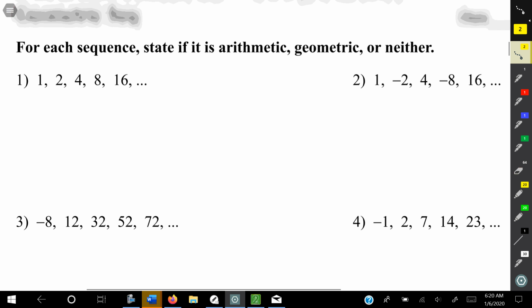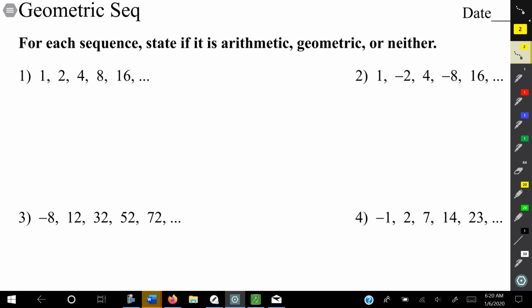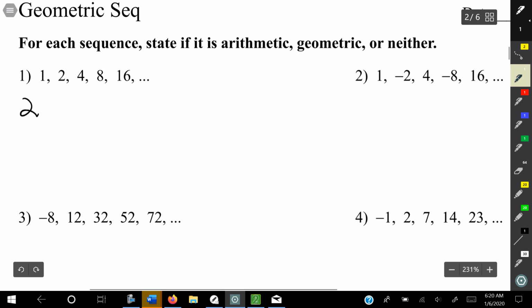All right, so here's number one. Just like I said, you want to take the second term and divide it by the first, and then take the third term and divide it by the second. Well, I said divide, but we're going to start off with subtraction. I'm going to take the second term, which is 2, and subtract the first number.